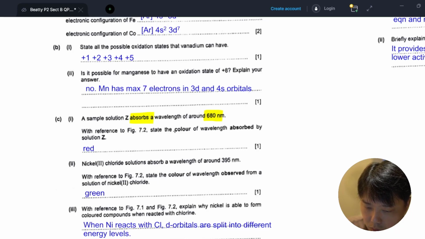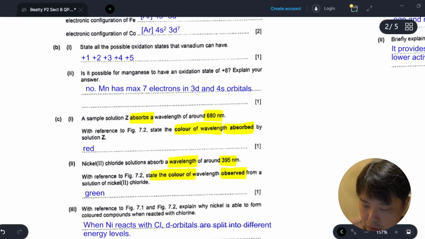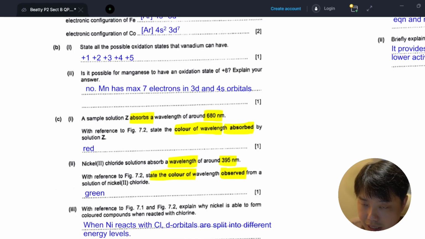What is the color of the wavelength absorbed? For the next part, it absorbs a wavelength of around 395. State the color observed. For 680, you talk about the color absorbed; for 395, you talk about the color observed.